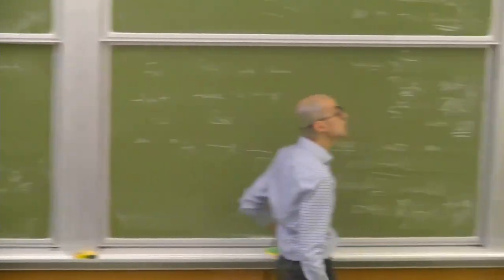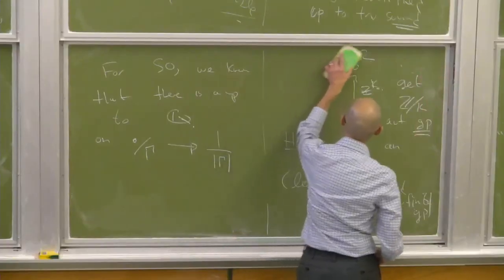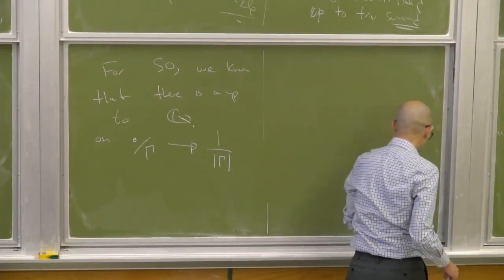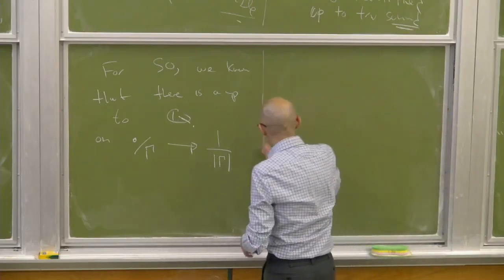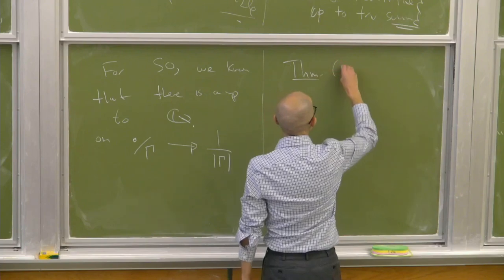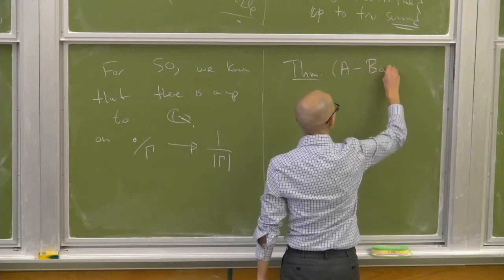So what I want to explain in the last 20 minutes of my lecture is the statement of some ideas behind the proof of the following theorem, which I recently proved with Xiaoyun Bai.